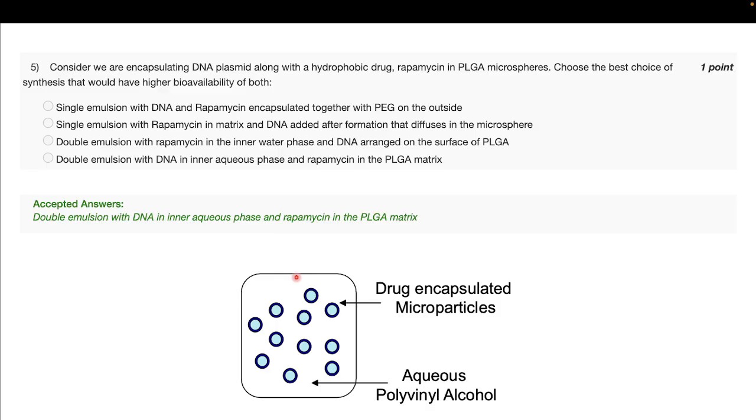If not, then I'll move on to the next question. Okay, I think there are no doubts with this. Sure, then let's move on to the next question.